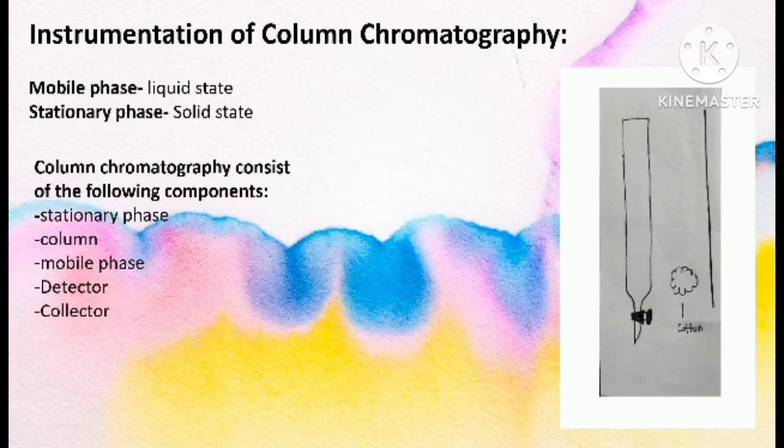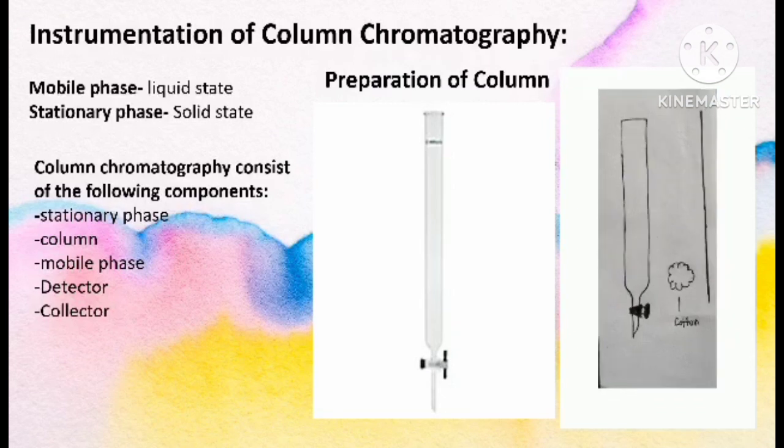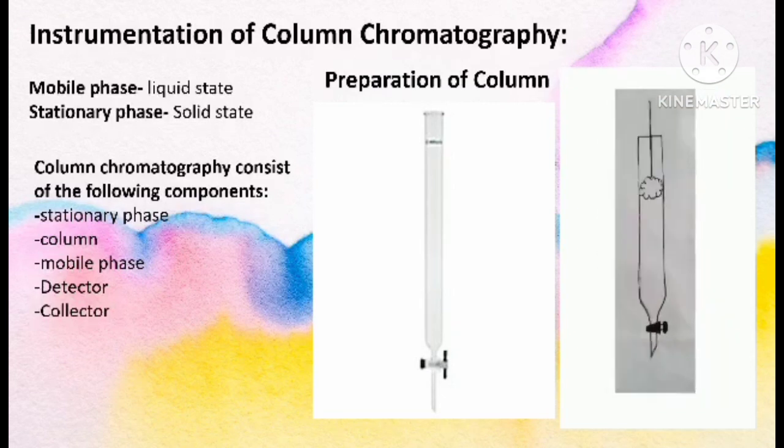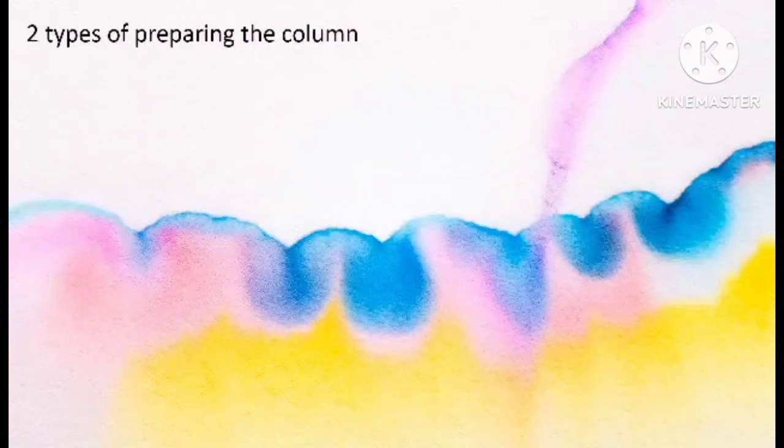In preparation of the column, the column is mostly made of a glass tube packed with stationary phase, either silica or alumina. A glass wool or a cotton plug is placed at the bottom of the column before packing the stationary phase. These are the two types of preparing the column.